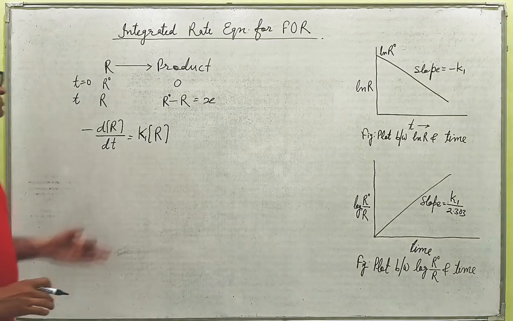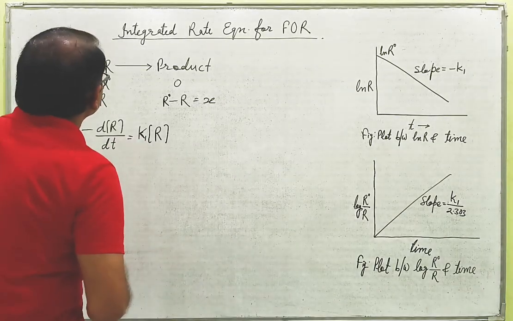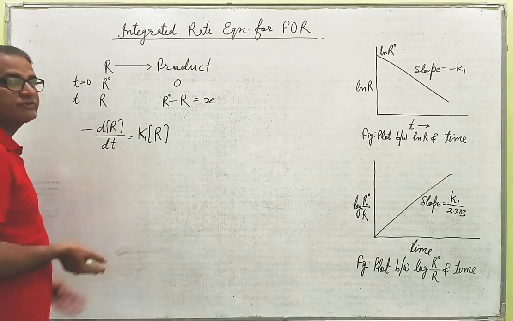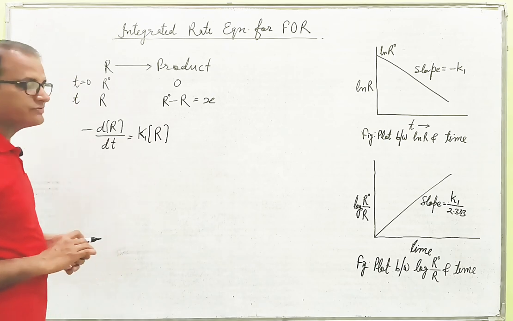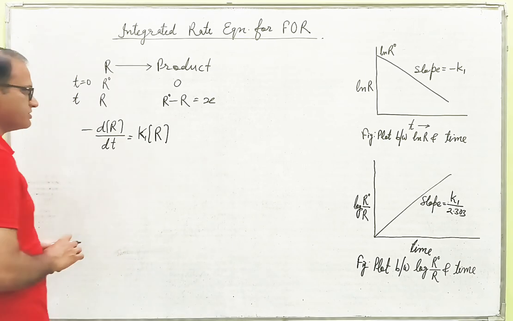Am I right? So this is what we call the differential rate equation for first order reaction.